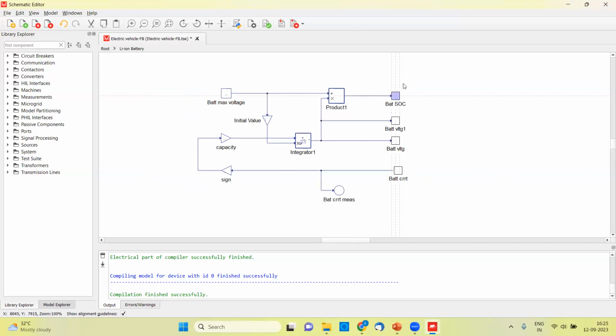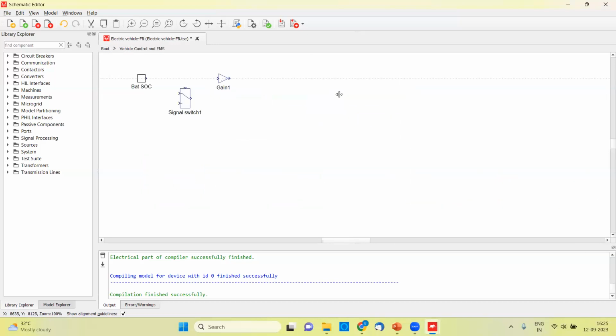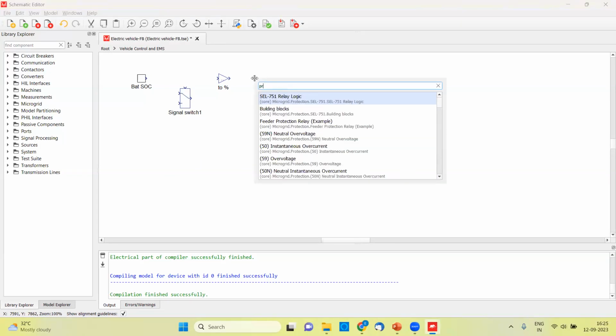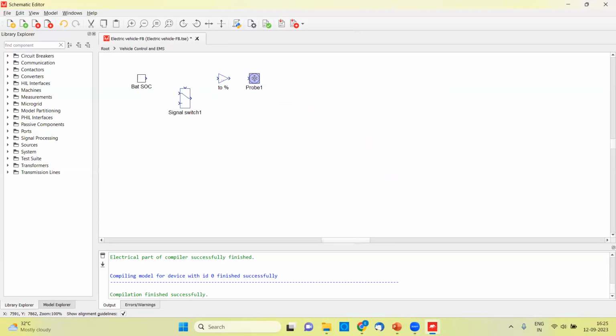So whatever battery SOC will be calculated, it will not be in terms of percentage. In order to convert the battery SOC in terms of percentage, we are using this gain block, and we are just simply naming it as SOC percentage to indicate our battery SOC in terms of percentage. Now we are using one probe block. So I've connected this.